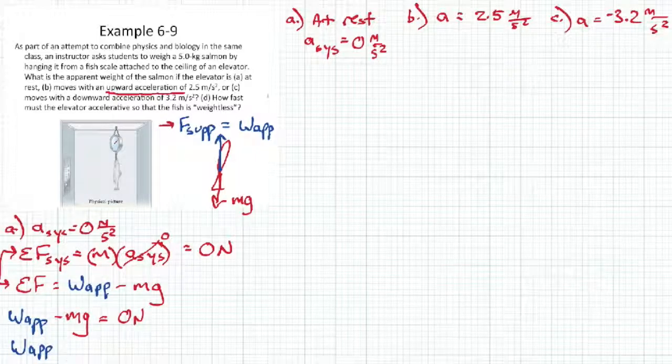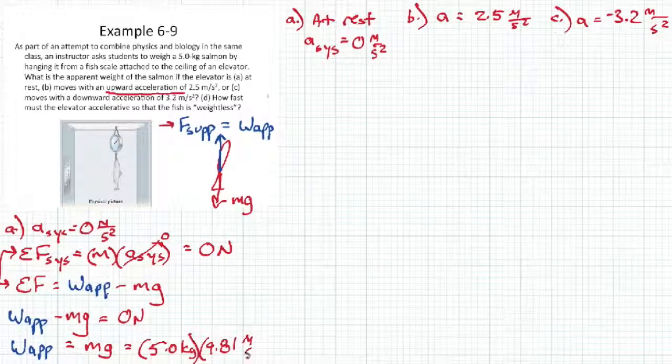The apparent weight equals mg, which is really 5 kilograms times 9.81 meters per second squared. All right. That should give us, I believe, 49.1 newtons. 49.1 newtons.